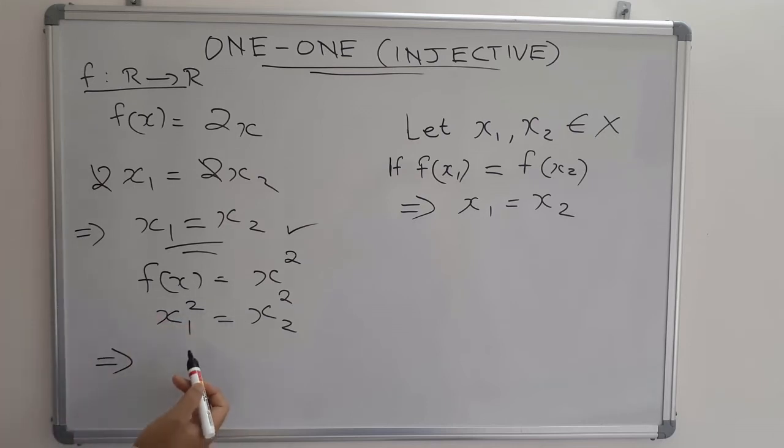A positive and a negative of a real number can have the same square. So it is not x1 equal to x2, but rather x1 equal to plus or minus x2. So it does not imply that x1 equal to x2. So it is not a one-one function. This is how we prove whether a function is one-one or not using this theoretical method.